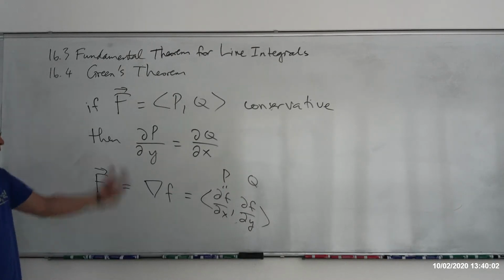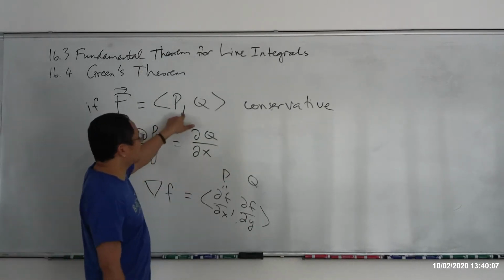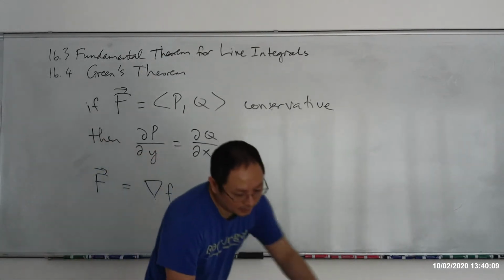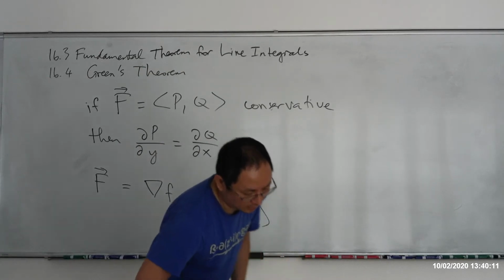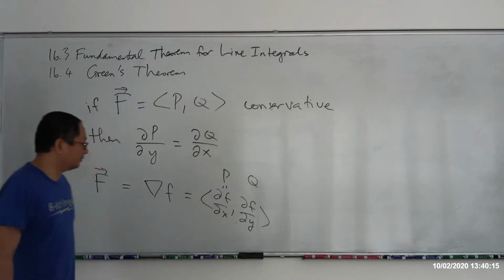Now we have a theorem called Clairaut's theorem. It says what? If those functions are continuous, their first order derivatives are continuous, it means you can take the derivative. Okay.